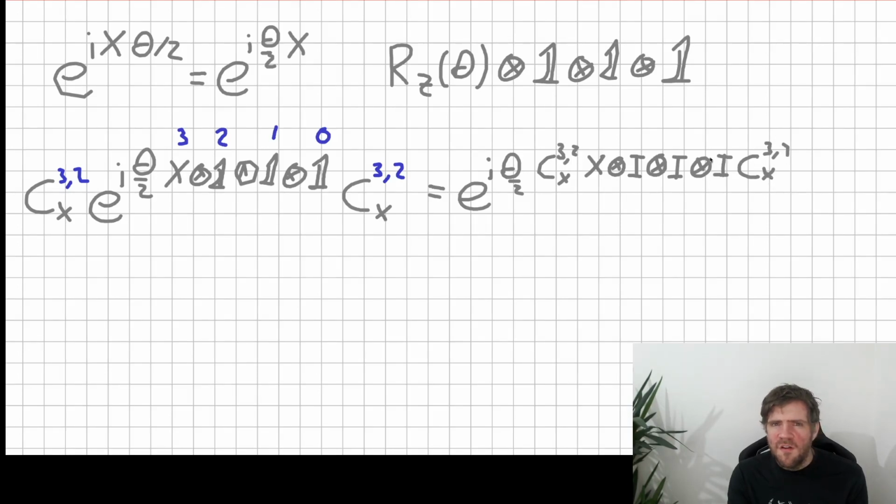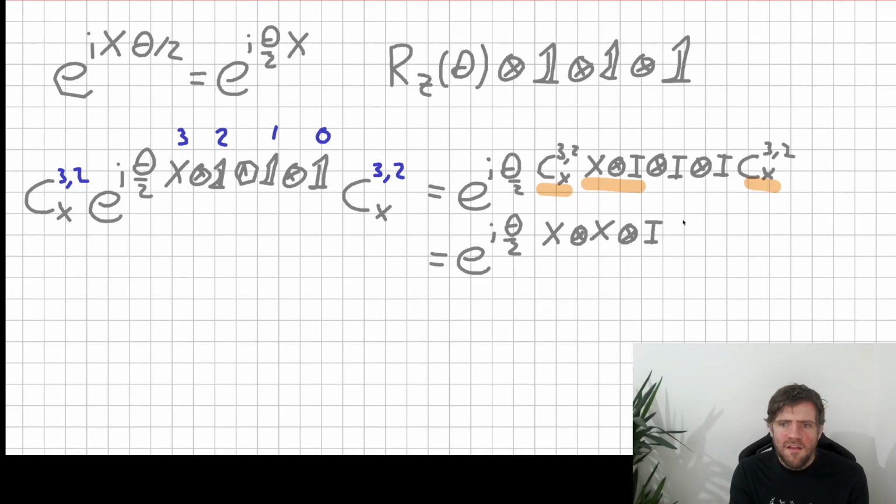But when you write them out small, it's nicer to use an I. And these controlled NOTs have the effect that we discussed earlier, which is that by conjugating X tensor I by controlled NOTs, you get X tensor X. So this gives us e to the i theta over 2 X tensor X tensor I tensor I.